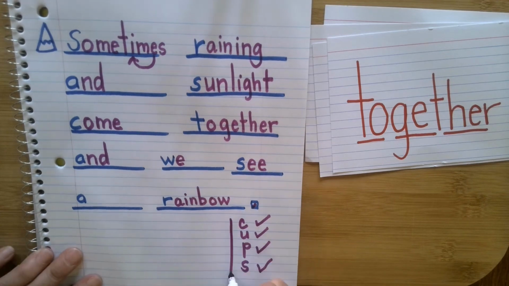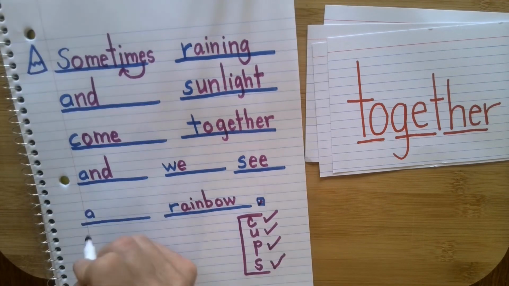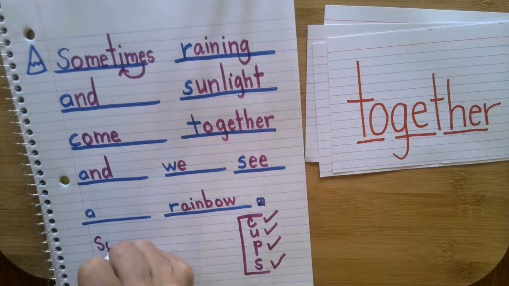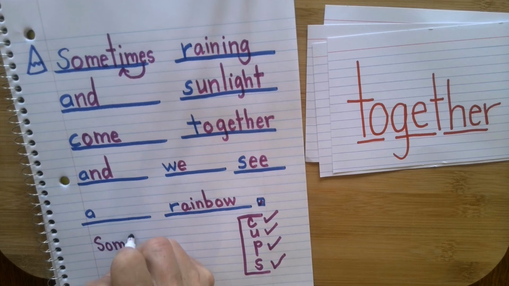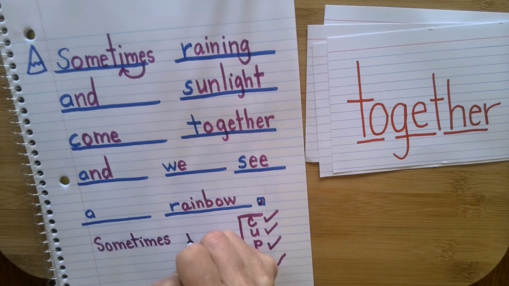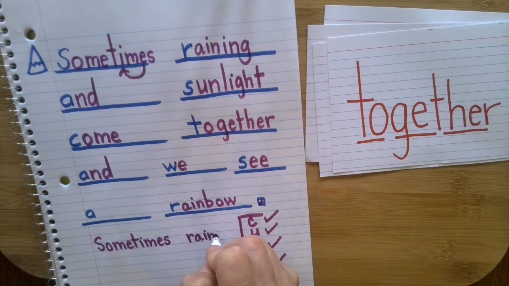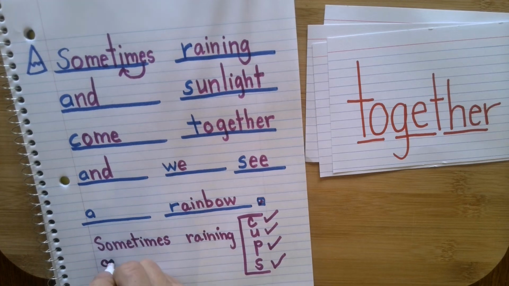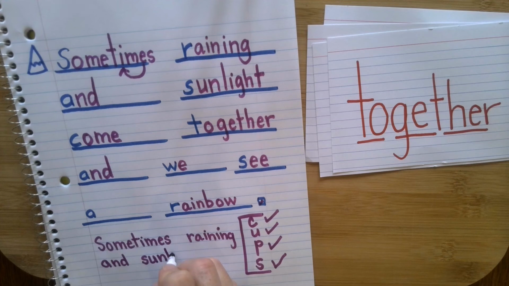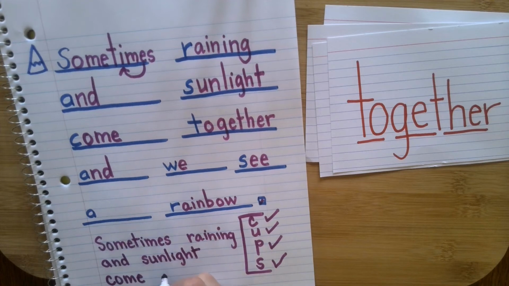and rewrite neatly below. As we're reading it, as we're writing it, we're going to read the word sometimes. Raining, see my AI vowel team, raining and sunlight, come, together.